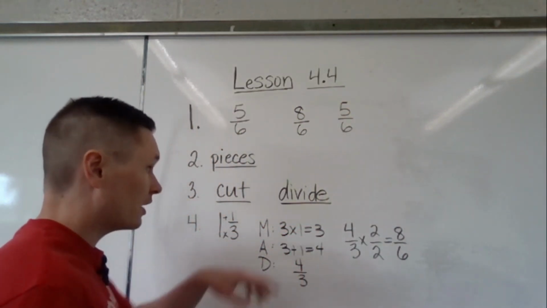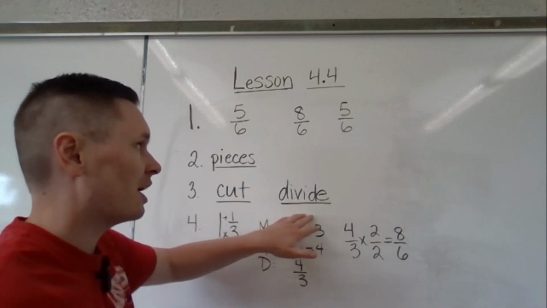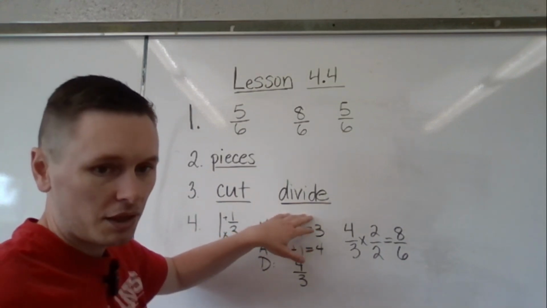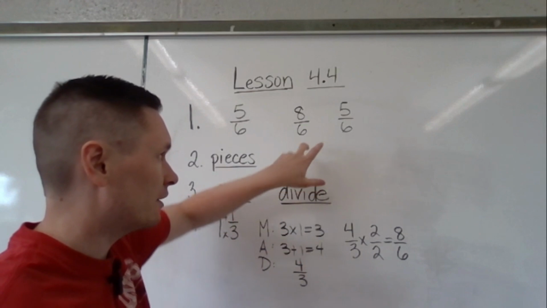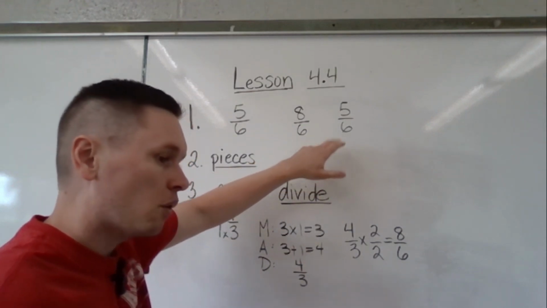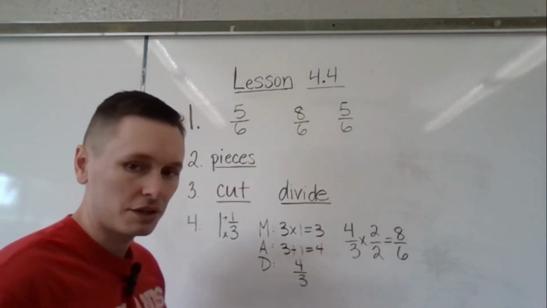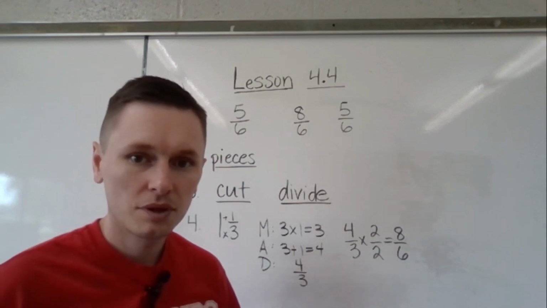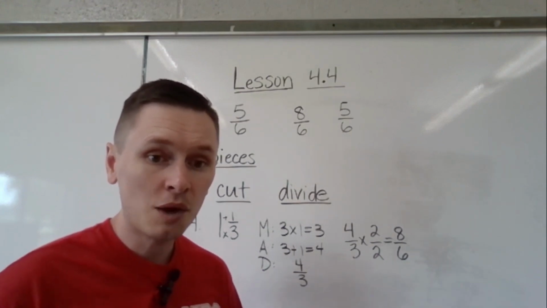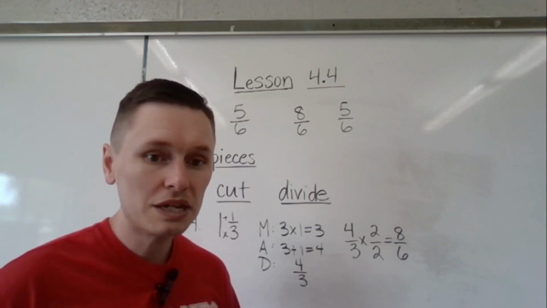Now, so far, we found that the operation we need to use is divide, but do we really want to divide the 2 boxes we need to cover, or do we want to save that for later? We want to save that for later. So right now, we want to find how much total paper we need.